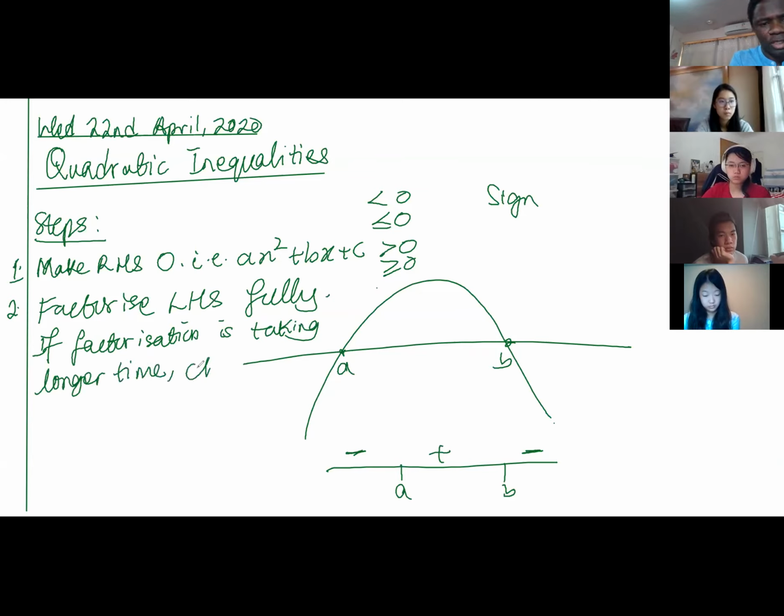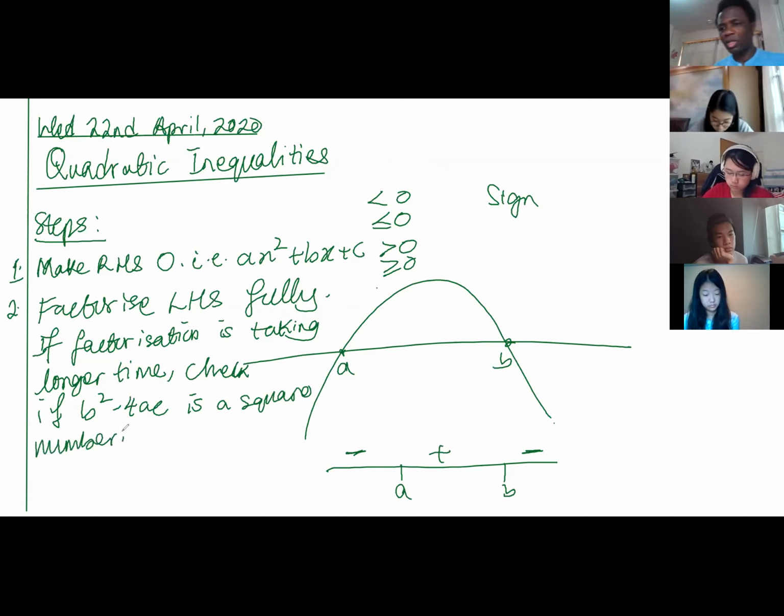Check if b squared minus 4ac is a square number. If b squared minus 4ac is not a square number, don't bother looking for factors. It means it's not factorizable.